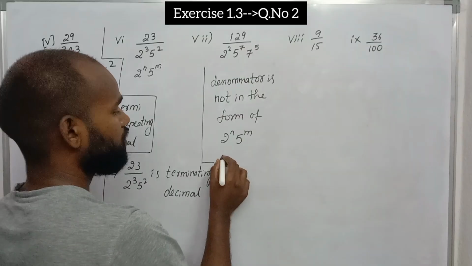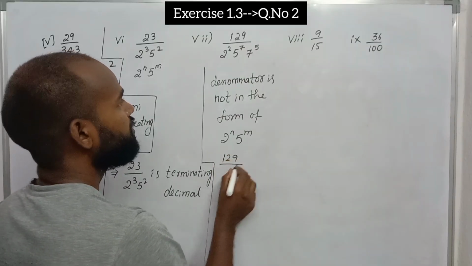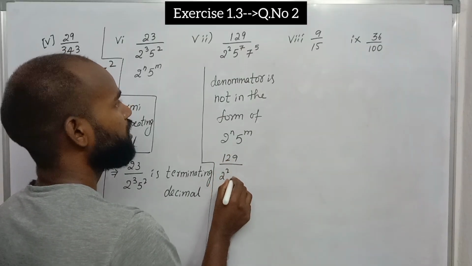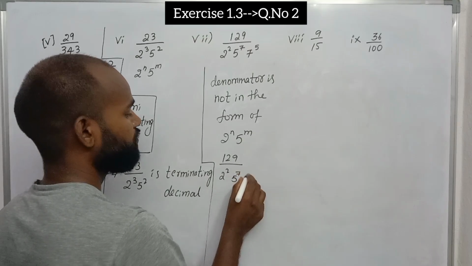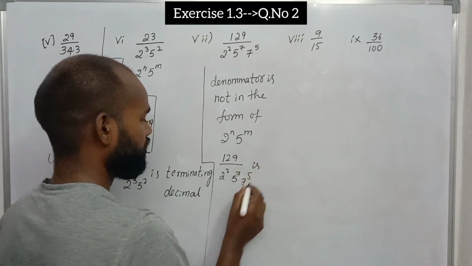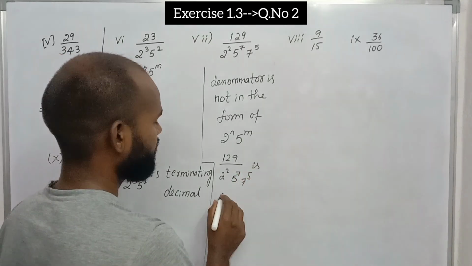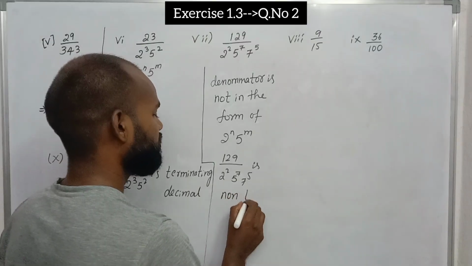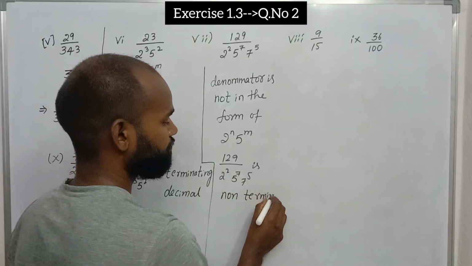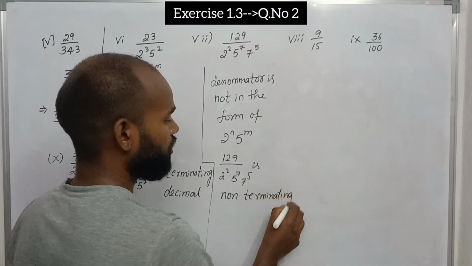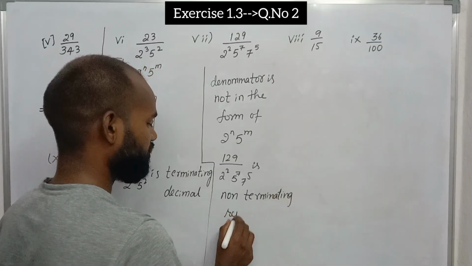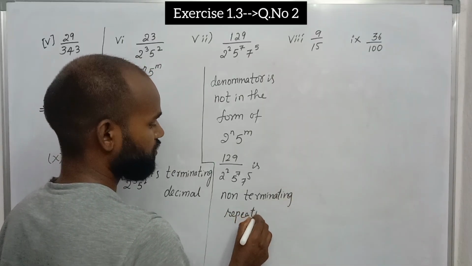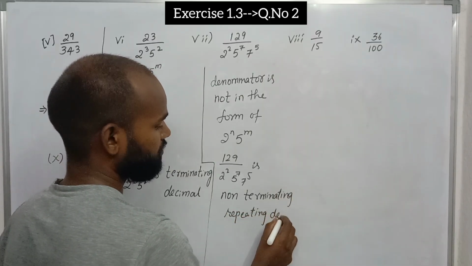So 129 by 2 square into 5 power 7 into 7 power 5 is a non-terminating repeating decimal.